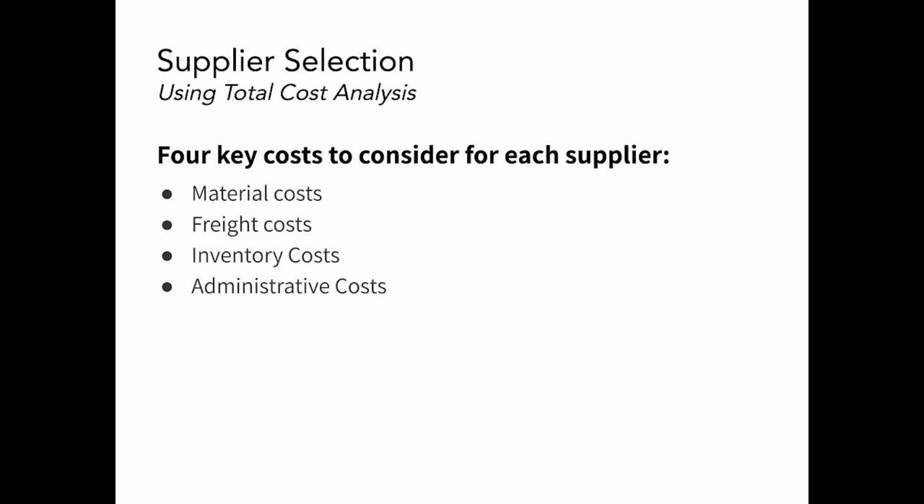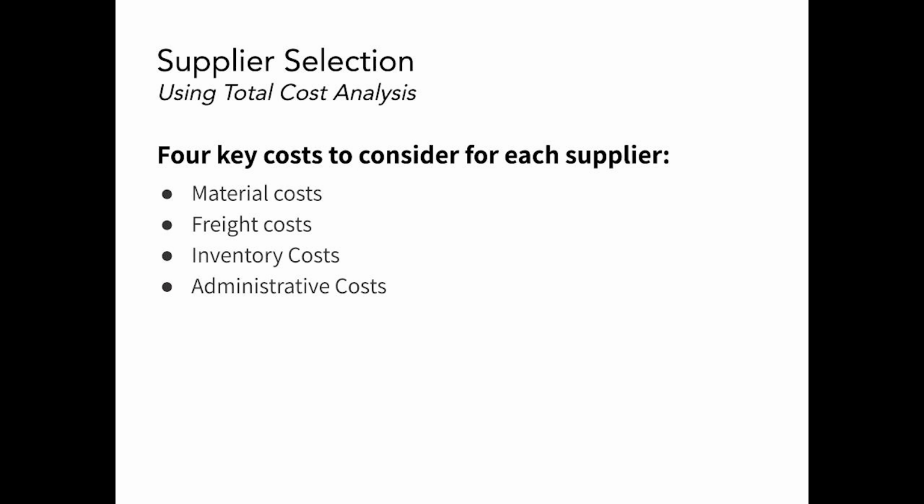Initially, our approach to supplier selection is quantitative, focusing on material, freight, inventory, and administrative costs associated with each supplier. These factors are fundamental in assessing the total cost of sourcing from different suppliers, regardless of their global location. As we progress, we will also introduce qualitative factors into our model, including supplier quality, environmental practices, and reputation.